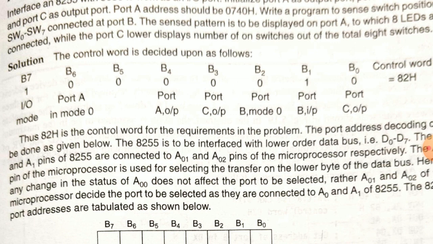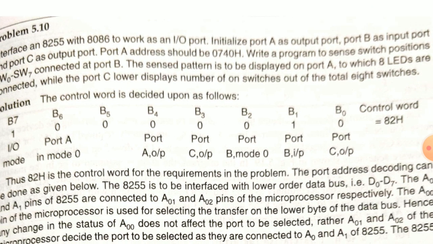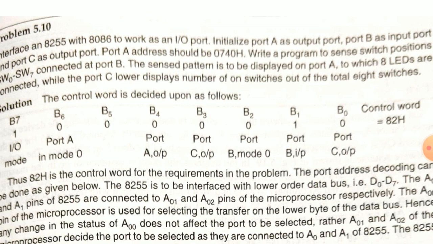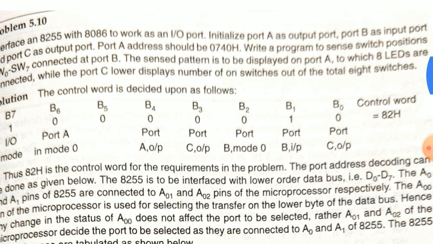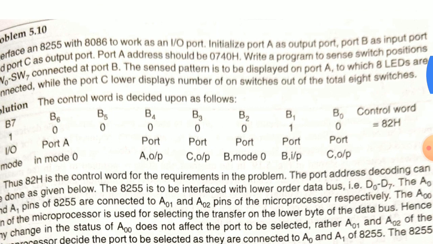B1 indicates port B status, whether it is input or output port. We need to initialize port B as input port, so the B1 bit is 1. B0 bit indicates port C lower. We make this port C as output port, so B0 is also 0.